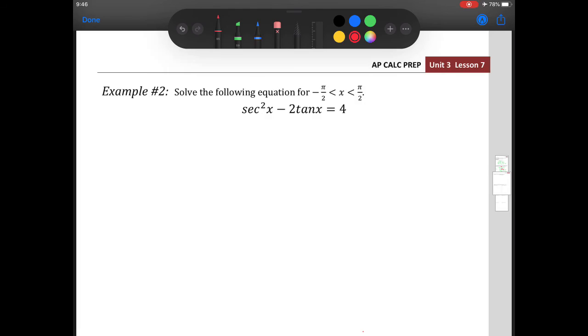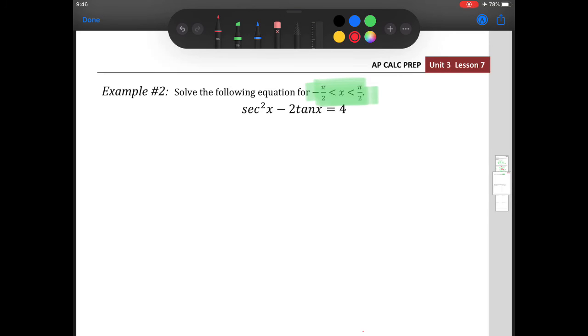So that's example 2. Here, be very careful with the domain. The x is greater than negative pi over 2 and less than pi over 2. Anytime you have an equation with 2 trig functions, you want to substitute one of them so that you can have the same trig function.